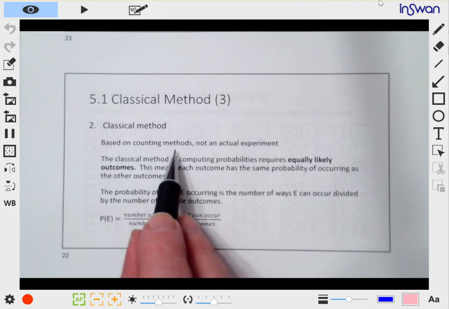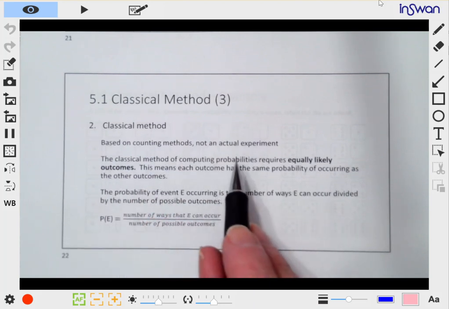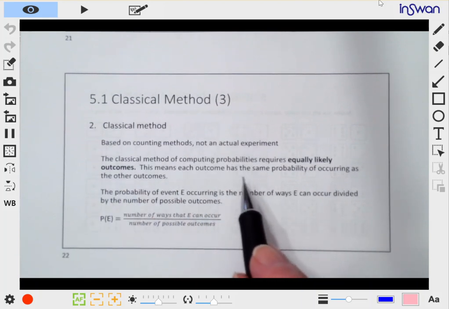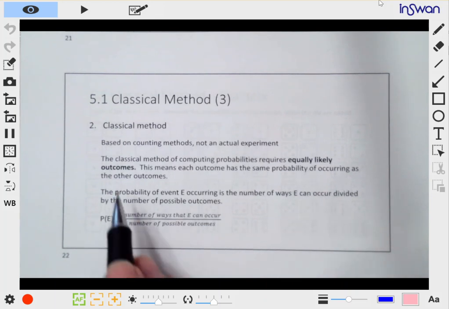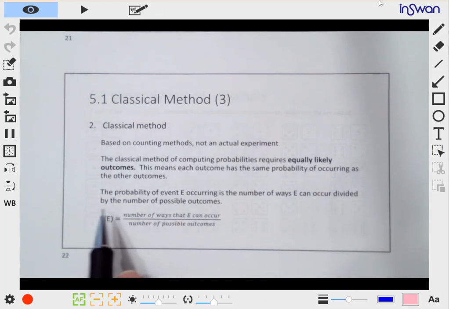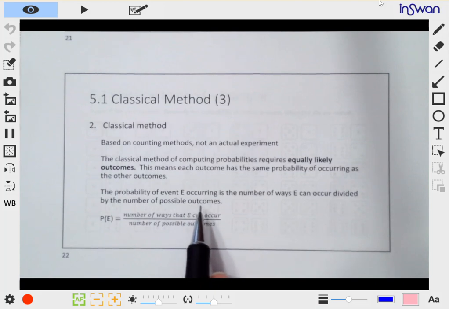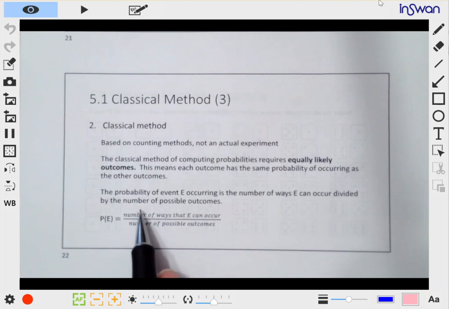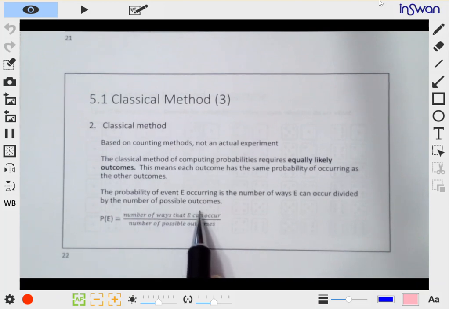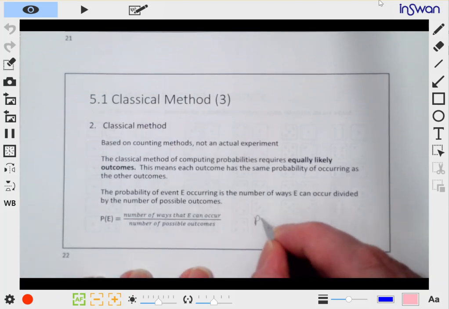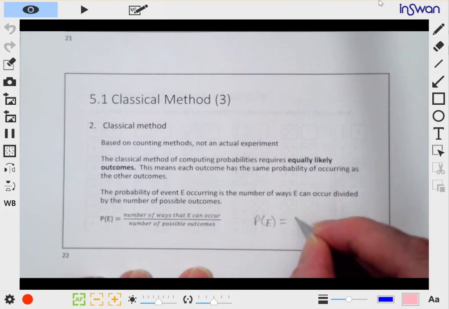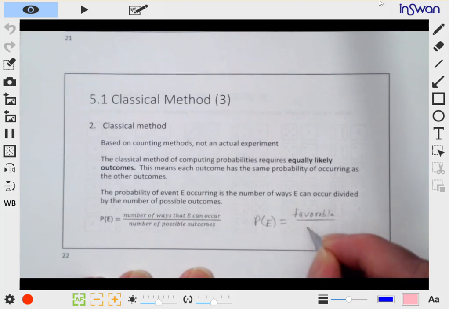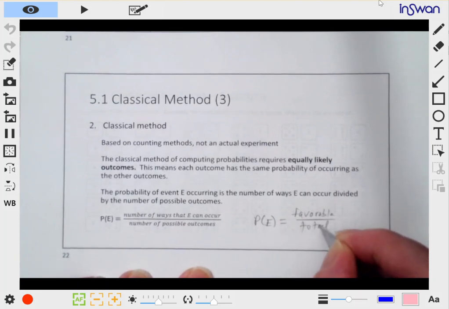So based on counting methods, or as we said, a study of the possible outcomes, not an actual experiment, the classical method of computing probabilities we talked about requires equally likely outcomes. So here's our formula: the probability of event E occurring is the number of ways E can occur divided by the number of possible outcomes. The way I like to say it is the probability of E is the number of favorable outcomes divided by the total number of outcomes.